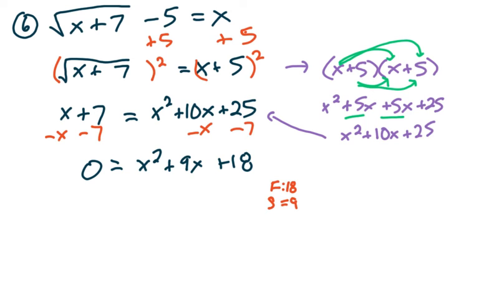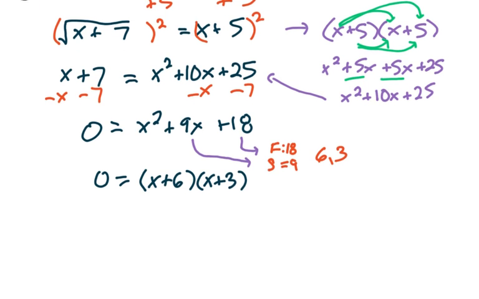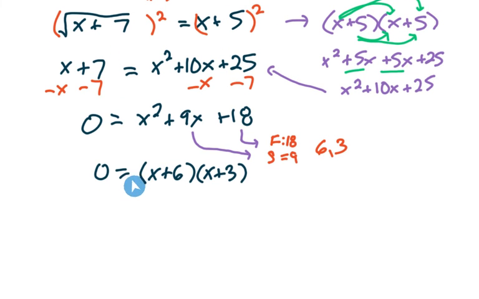So two numbers that multiply to 18 and add to 9 would be 6 and 3. 6 times 3 is 18, and 6 plus 3 is 9. So this equation would factor into x plus 6 times x plus 3. And remember, this still equals 0.